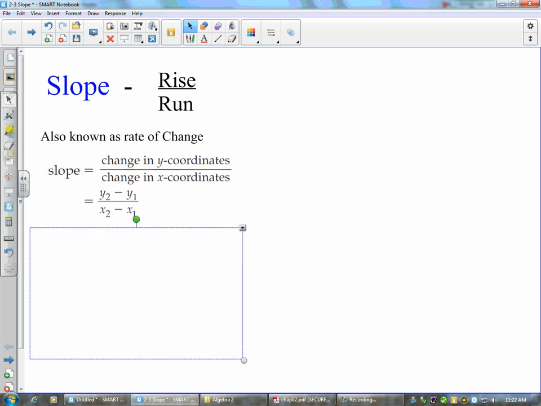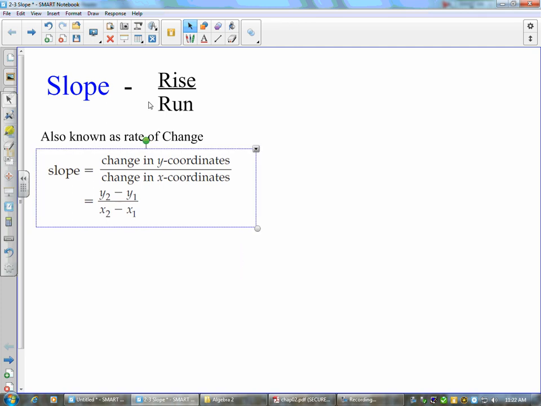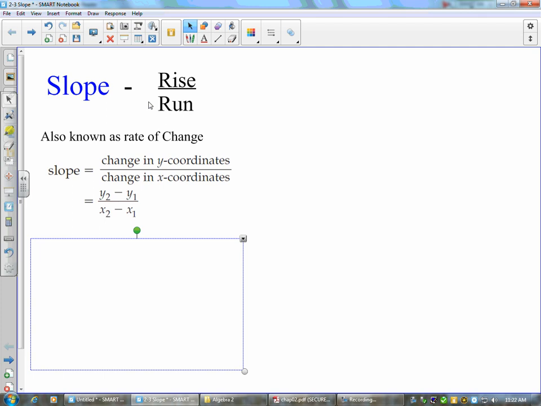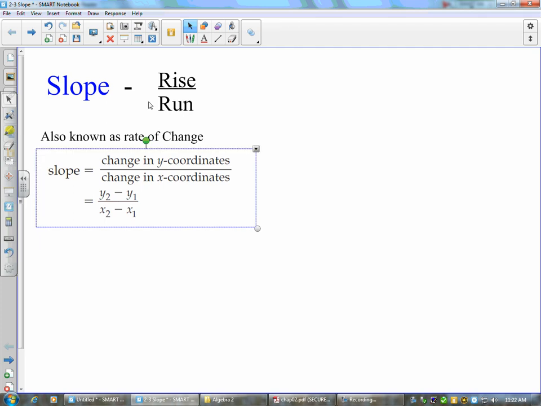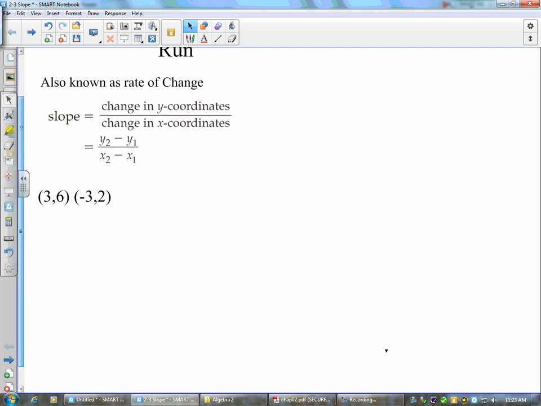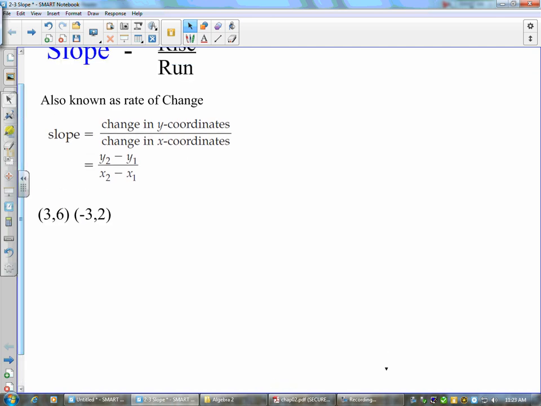If you're given a couple points, the change you're looking for is the change in the y coordinate over the change in the x coordinates. So say I'm given a couple points, (3, 6) and (-3, 2).